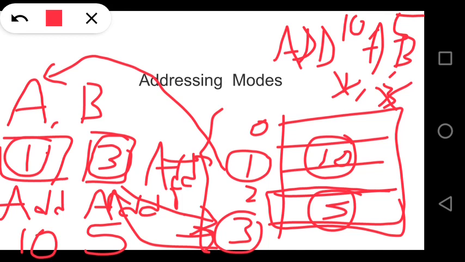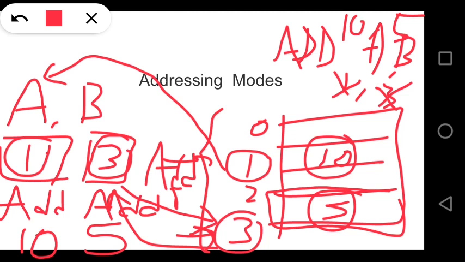When you say add A comma B, whether A and B are registers, whether they directly contain the values 10 and 5, that is data, or the registers contain the address of the memory location where the actual values are stored. So these are the different scenarios, the different modes for specifying the address of operands.